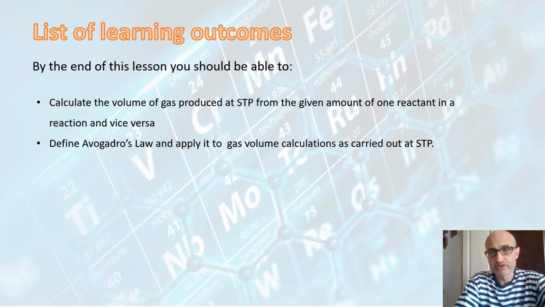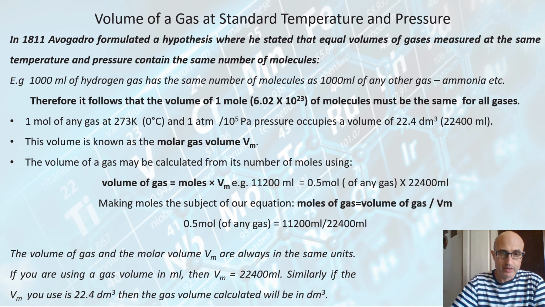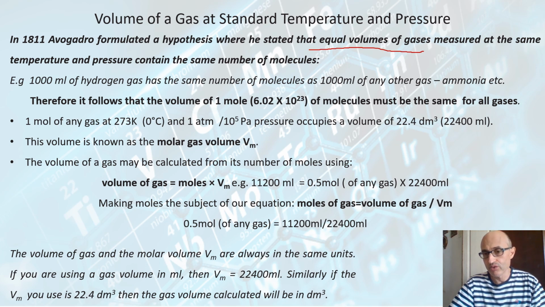Let's now move on to the next slide, where we shall give the background about Avogadro's principle. So as I said in the previous slide, in 1811 Avogadro formulated his hypothesis. Now what exactly did he say? He said that equal volumes of gases. Let's take a typical example.